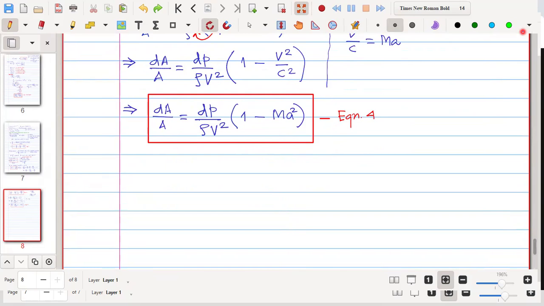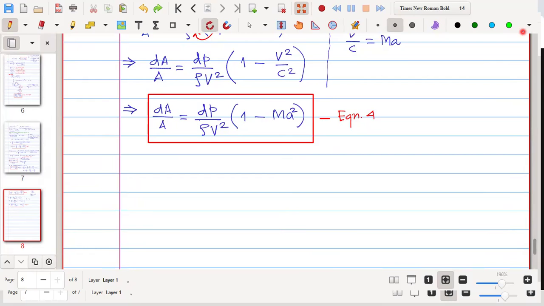So if dA is negative, that means area is decreasing, that means it is converging. If dA is positive, then area is increasing, that is the duct is diverging. And if dA is 0, that means there is no change in area. So it is called the throat of the duct.